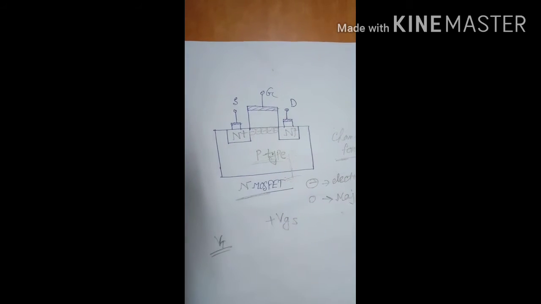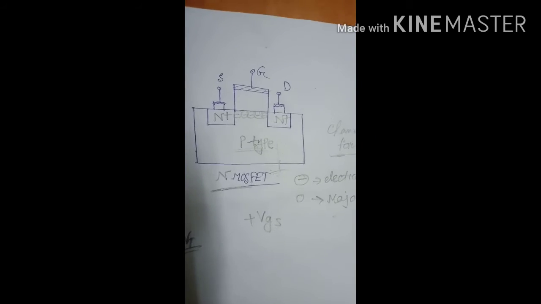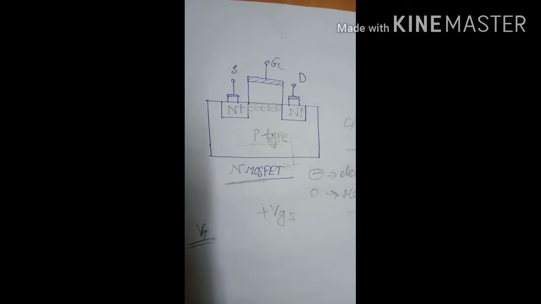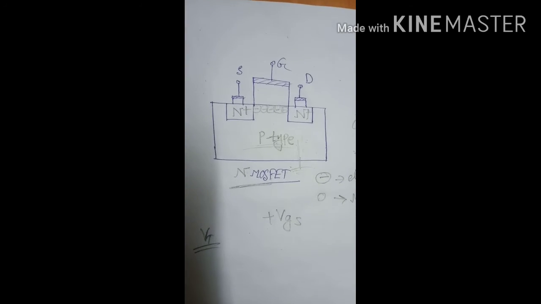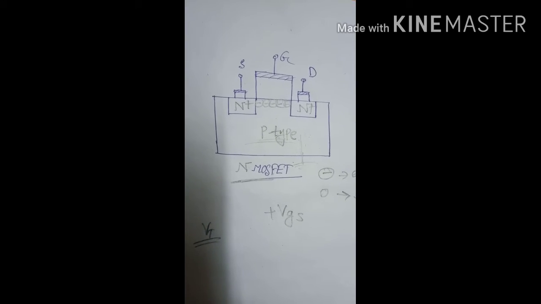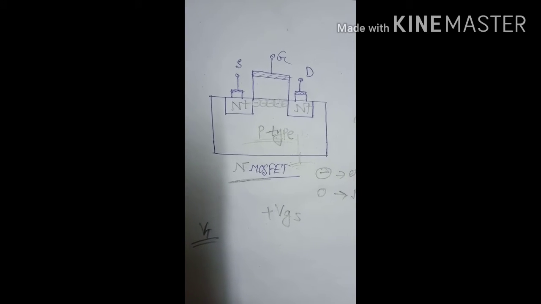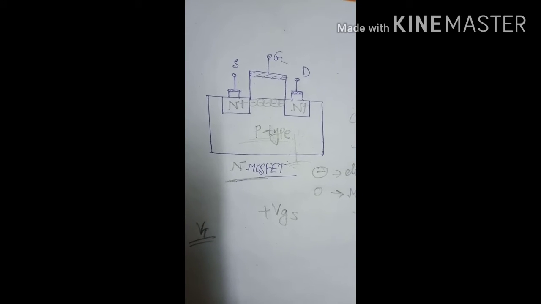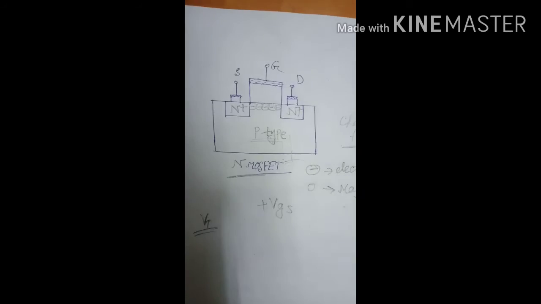VT. Threshold voltage means a minimum amount of voltage that is needed to activate the MOS. The minimum amount of VGS, gate to source voltage, in which the channel can be formed. So this is called VT, right?